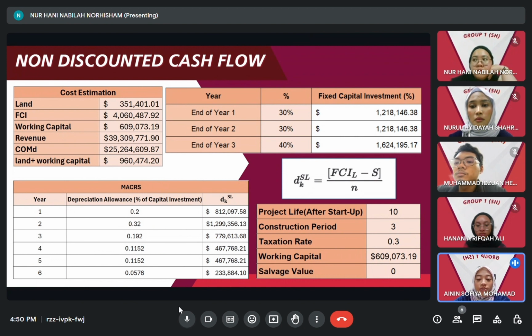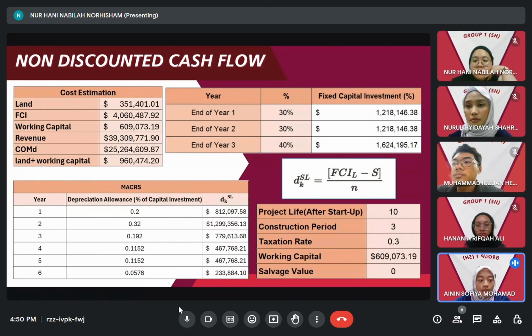Aside from that, we have also evaluated the depreciation allowance based on the MACRS method, based on the textbook, for 5 years. As can be seen in this slide, from year 1, the depreciation allowance is 20%, year 2 it will be 32%, year 3 is 19.2%, year 4 and 5 is 11.52%.